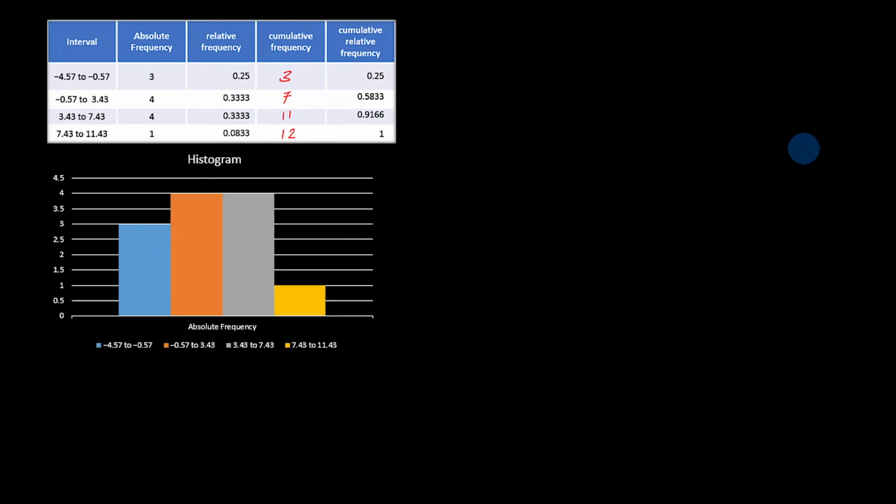A histogram is just your simple bar chart, which once you're done with your table, you can easily draw in Excel. That's what I've done. The good thing about the histogram, or any chart actually, is that at a glance you can tell which interval has the most observations and which has the least.